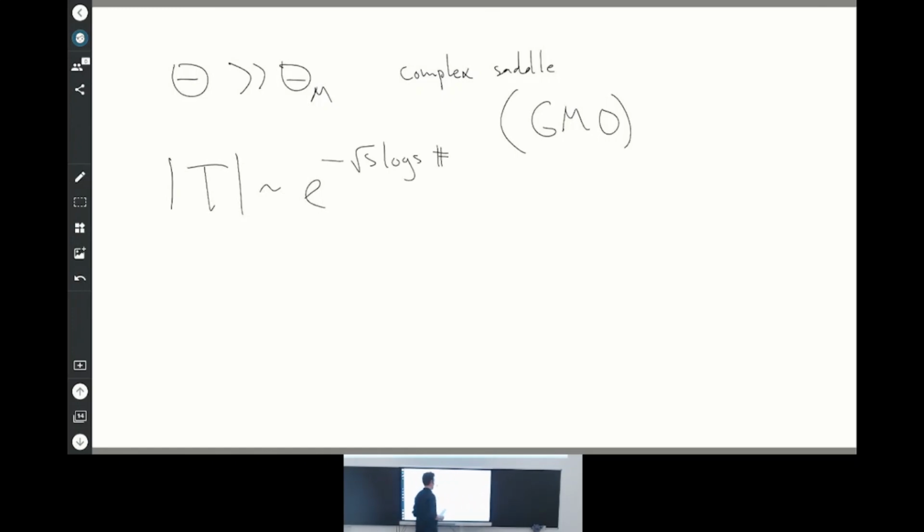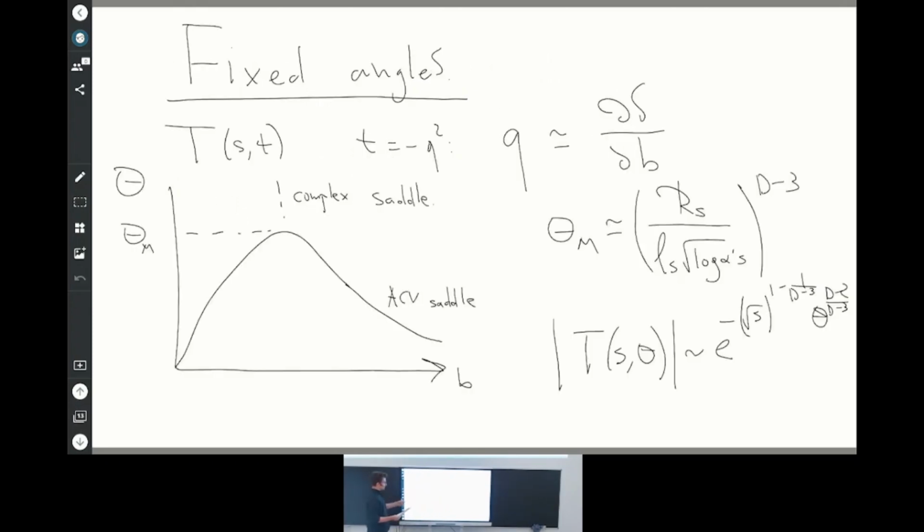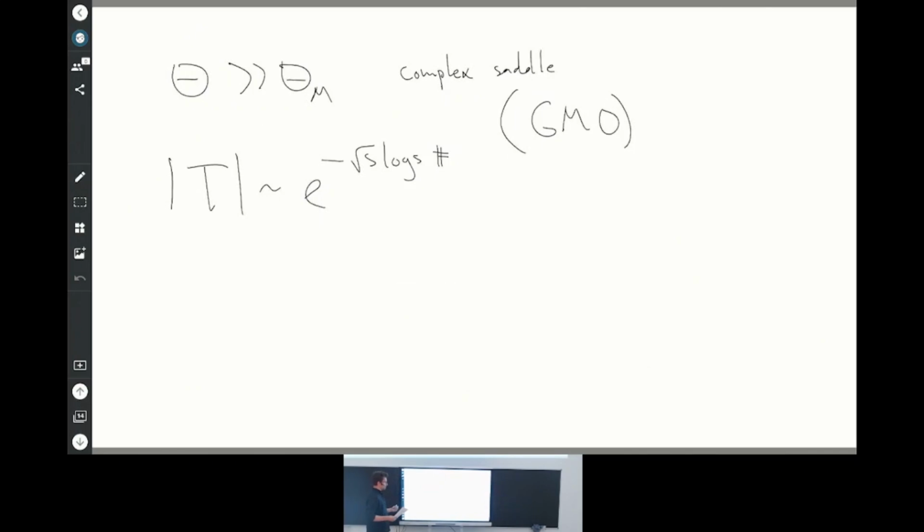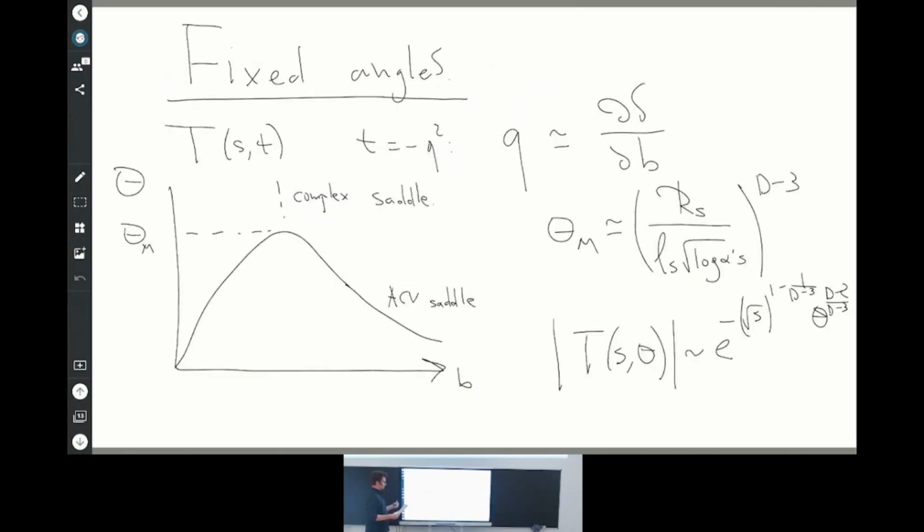So according to ACV, the picture is the following, that when you scatter at high energies but small angle, again, first, if you scatter really at high energies, it's all dominated by gravitational physics. That's what we discussed before. When you go to this stringy regime, when the energy is not too high, and you do scattering at small angles, you have some real saddle, which decays slower than Gross-Mende. So this is a leading behavior, but then it's above some angles.